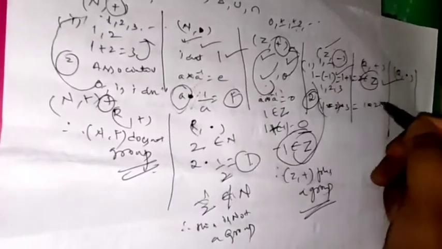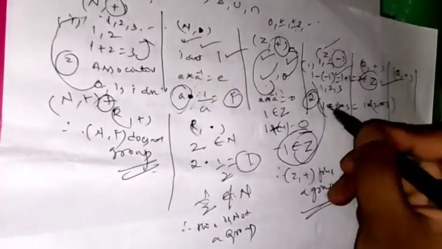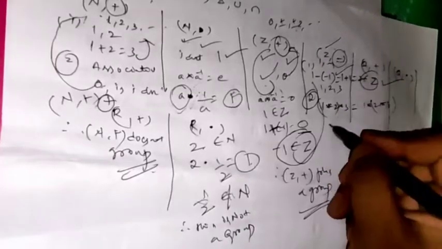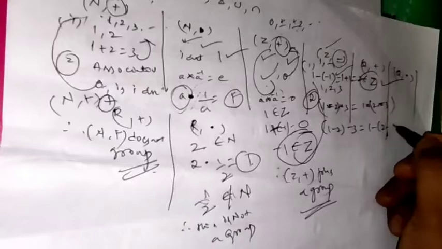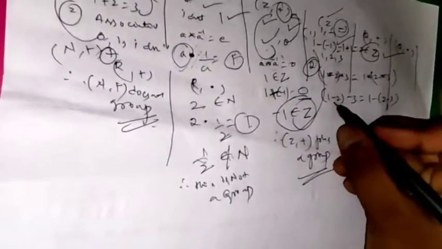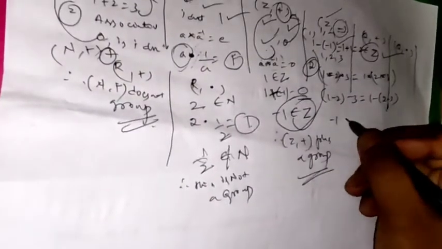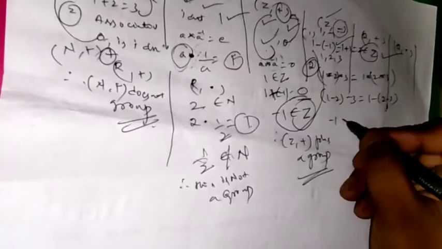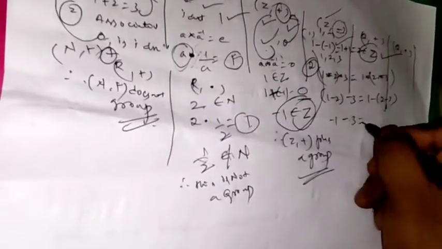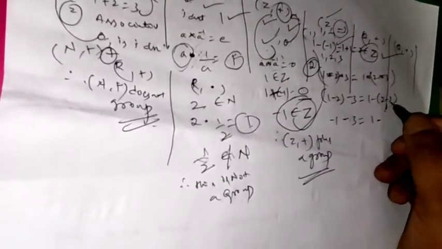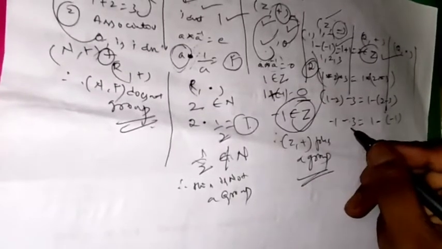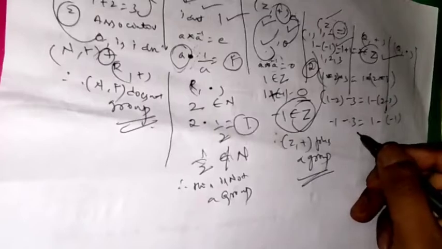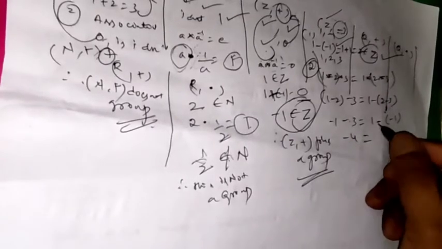Here the star is minus. So (1 minus 2) minus 3 should equal 1 minus (2 minus 3). Does this satisfy or not? We check it. (1 minus 2) is minus 1, and minus 1 minus 3 gives minus 4. And 1 minus (2 minus 3) is 1 minus minus 1, which is 1 plus 1, we get 2.